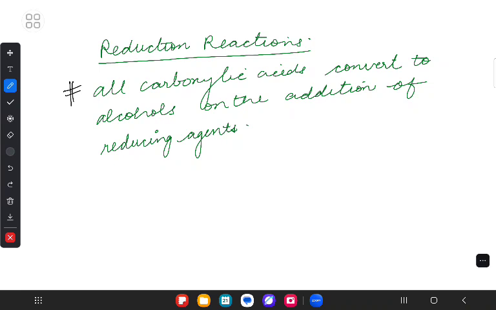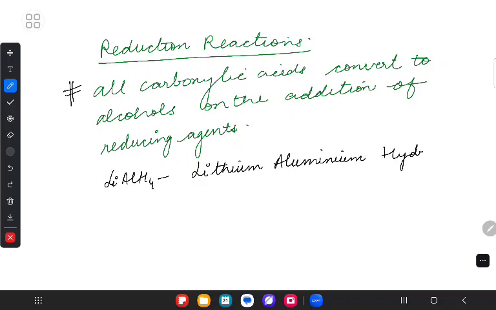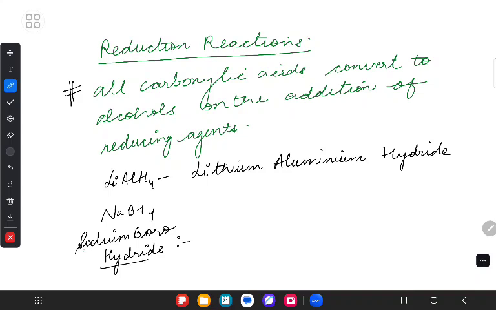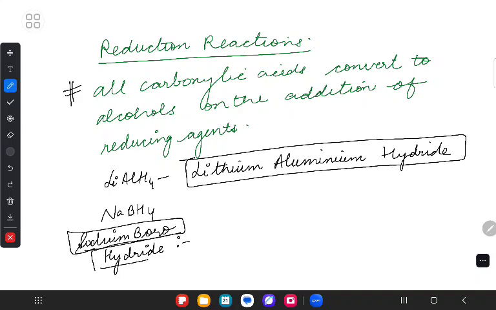But the two primary reducing agents that we're going to have with us are LiAlH4, which is called lithium aluminum hydride, and NaBH4, which is sodium borohydride. Are we understanding? So we are going to have lithium aluminum hydride, and we are also going to have our sodium borohydride.